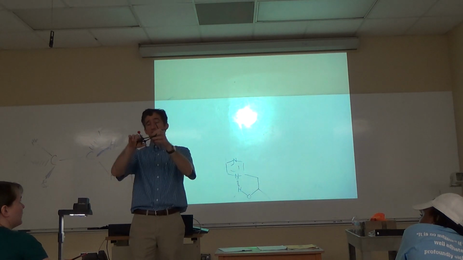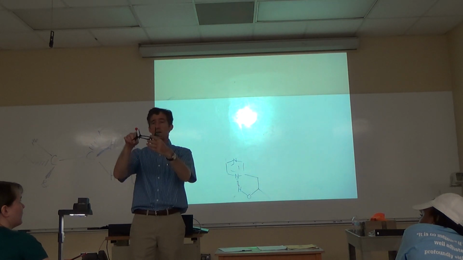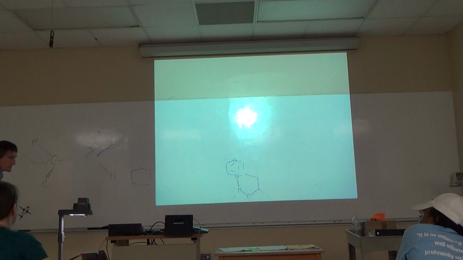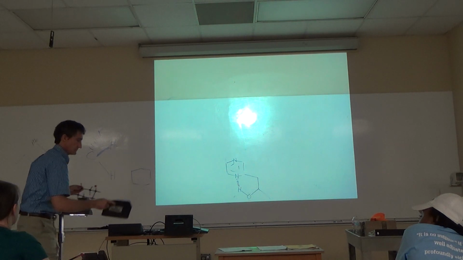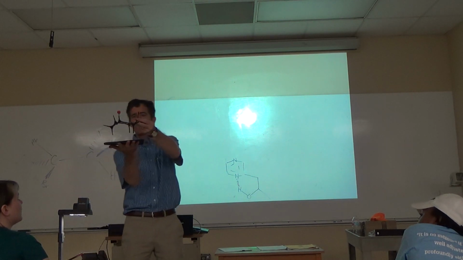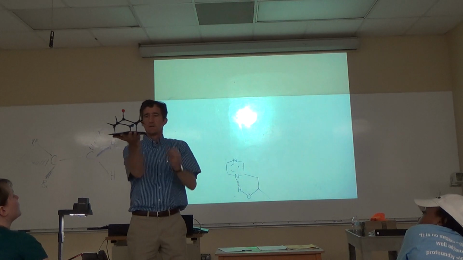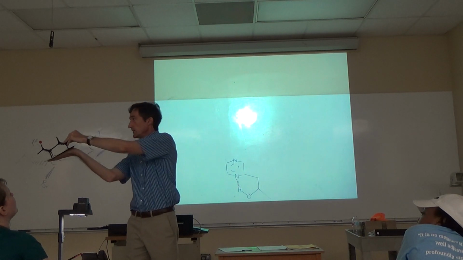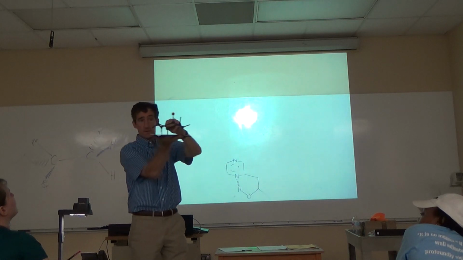But if we go to a chair conformation, and this hits the floor, I'm going to lean it so you maybe see the floor. How many are hitting the floor? Yeah, only 3.